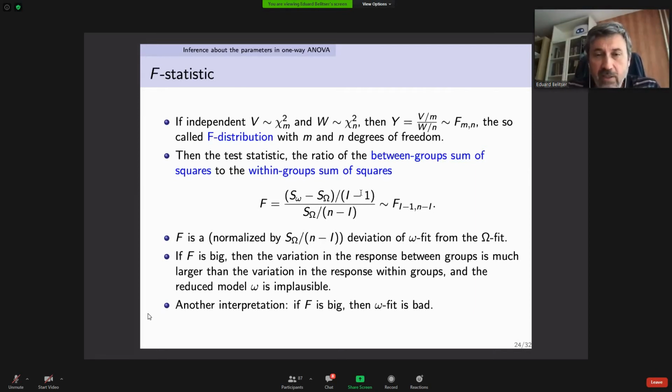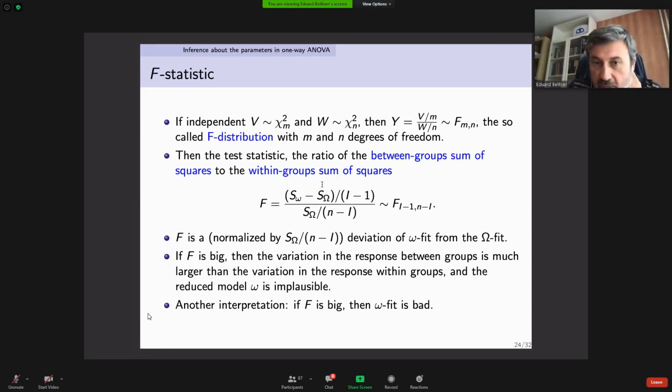Okay, so now what do we do? We need to put sigma squared here, right? But sigma squared is unknown. Therefore, we imagine we put sigma squared here, and we put sigma squared here also. Then it sort of cancels. But then we can say that this is chi-squared divided by another chi-squared.